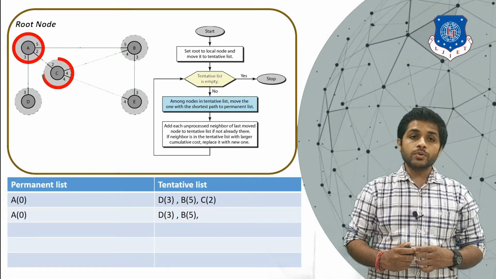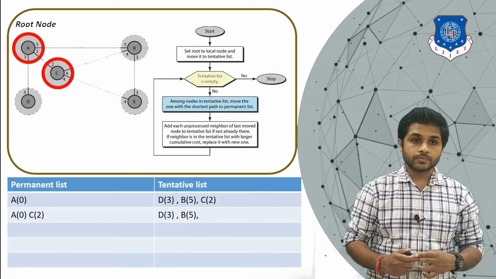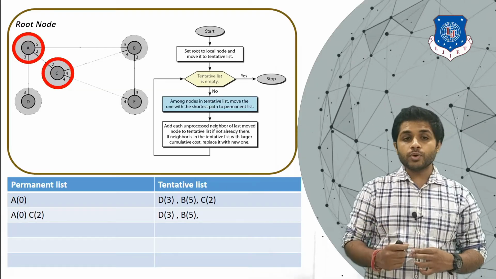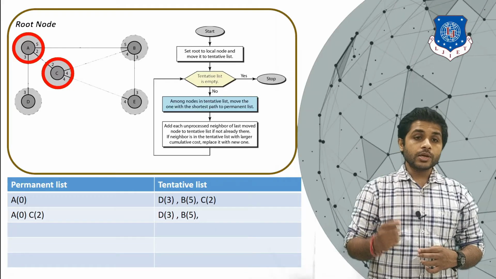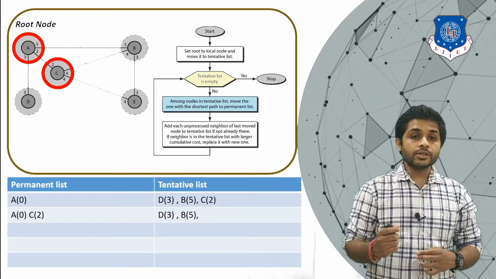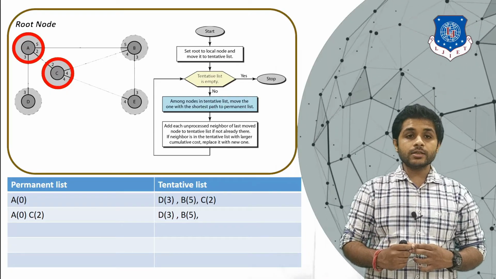So we will move C2 into the permanent list. So after we move any node from the tentative list to the permanent list, we will add its adjacent nodes to the tentative list. So what are the adjacent nodes of C?